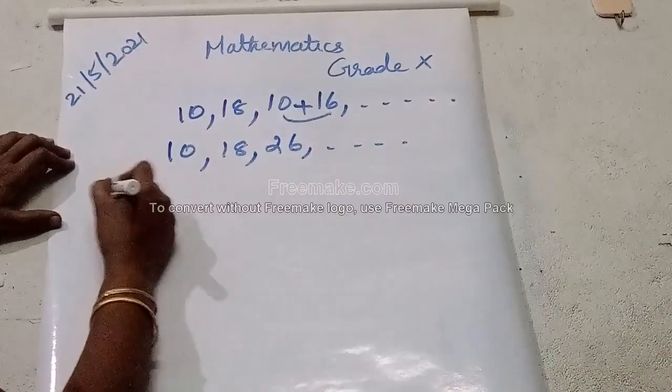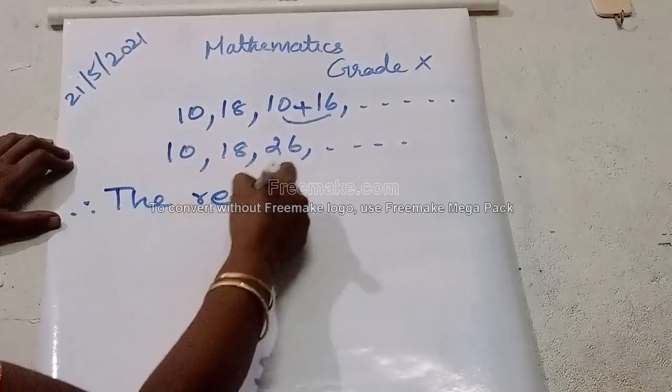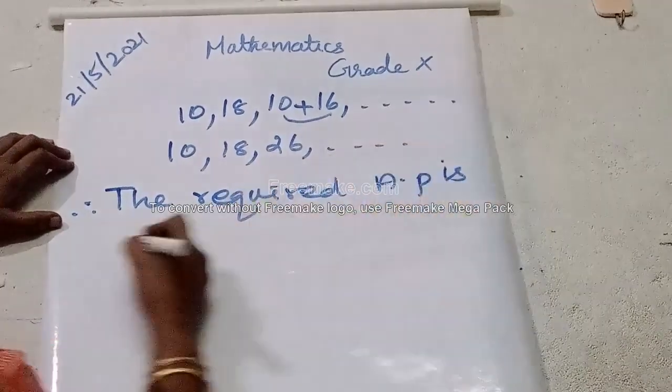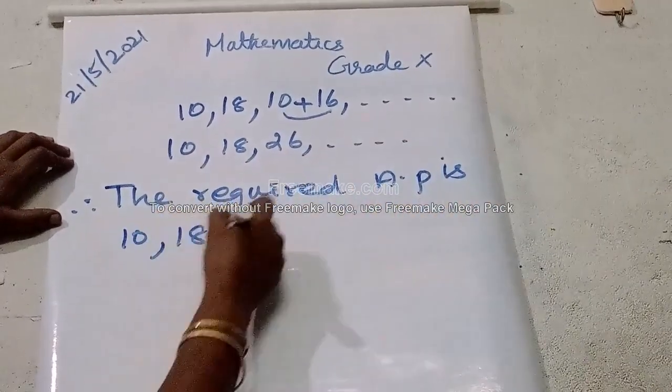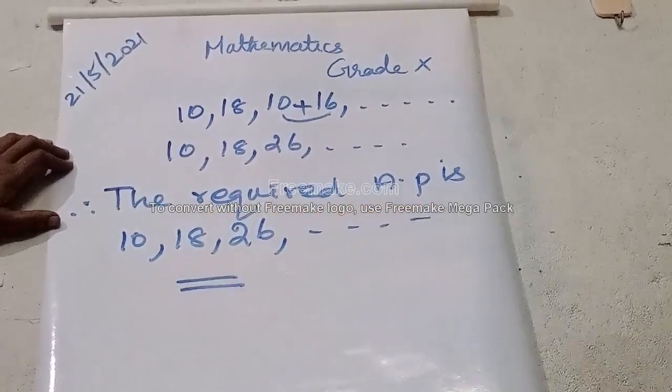Write an AP. Therefore the required AP is 10 comma 18 comma 26 comma etc.